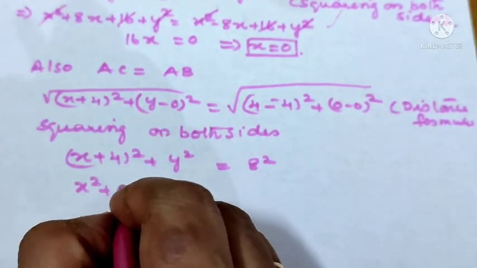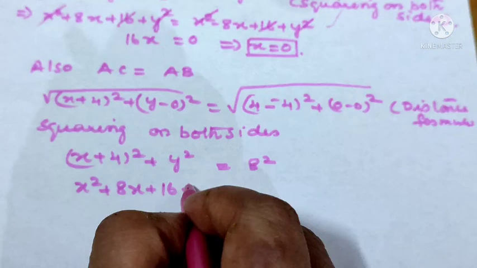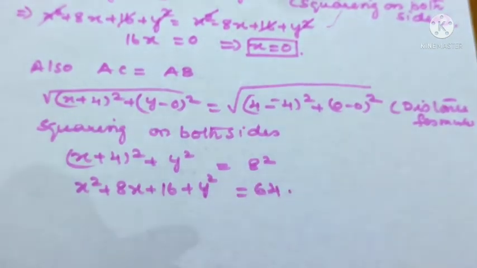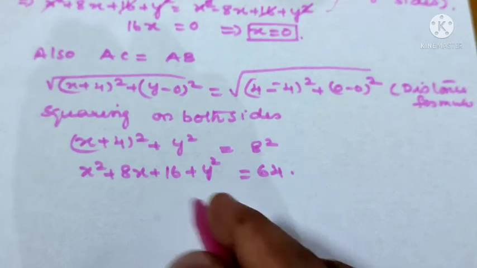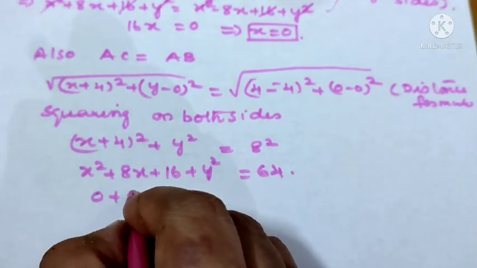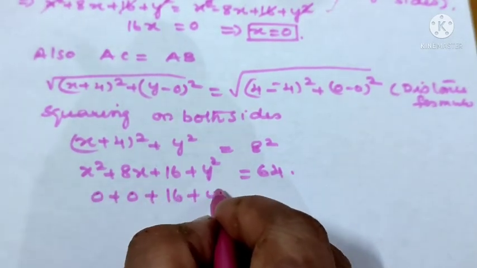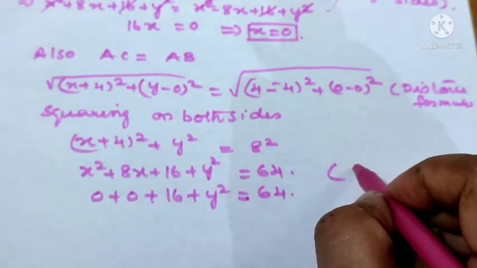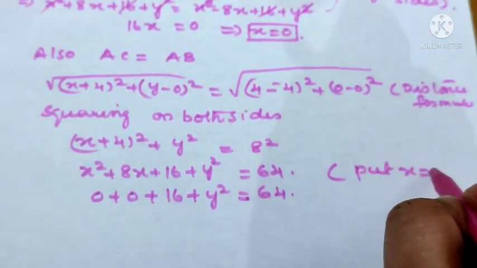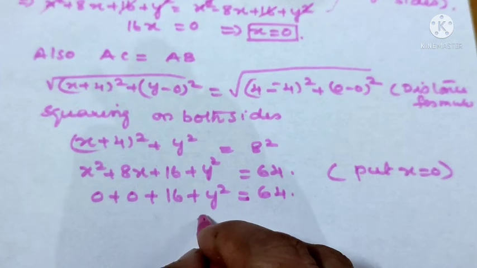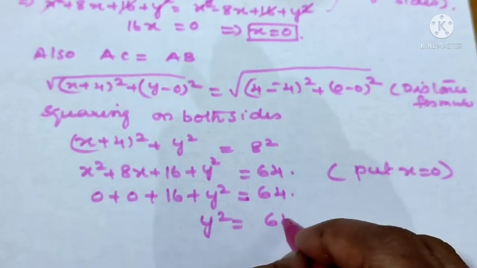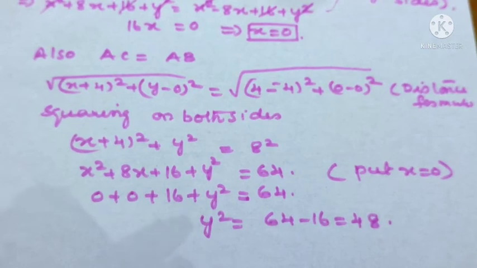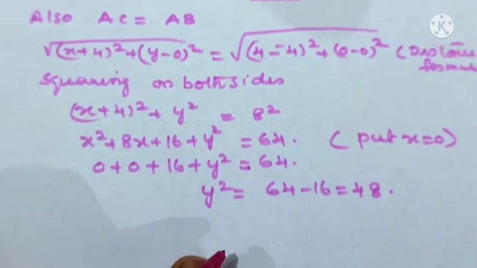Again x square plus 8x plus 16 plus y square equal to 64. We know that x is 0 only. So 0 plus 0 plus 16 plus y square equal to 64. Put x equal to 0. Okay. Now y square equal to 64 minus 16, which is equal to 48. So y equal to root 48.